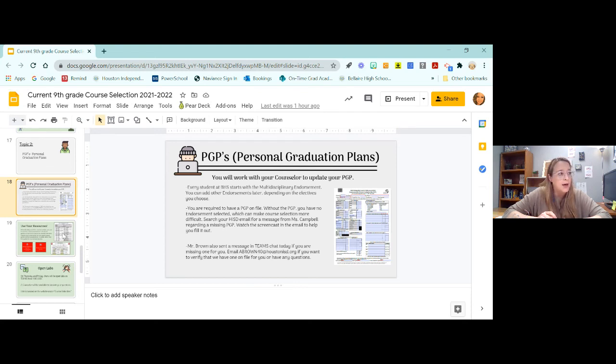And then we have business and industry. That's when you complete your CTE pathway. And you can have many endorsements. We have students that graduate with from 1 to all of them sometimes. Rarely, but sometimes.